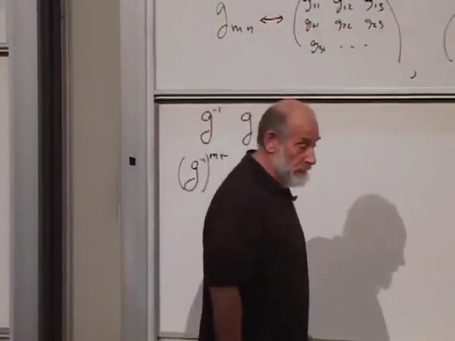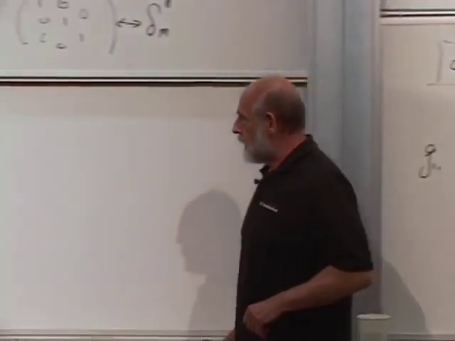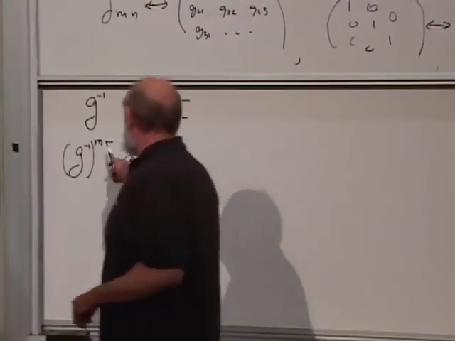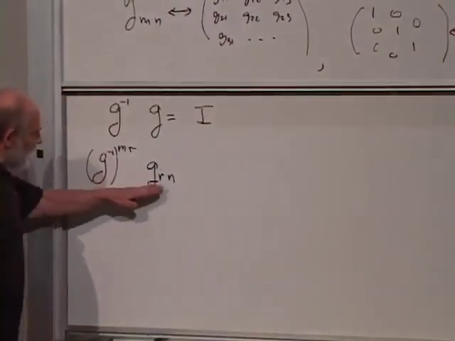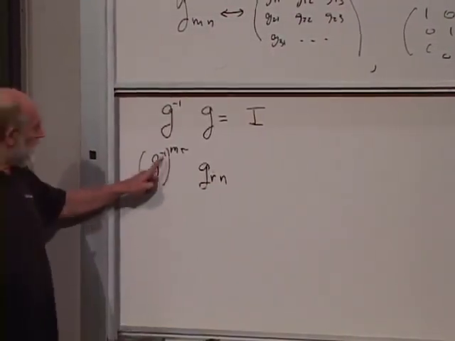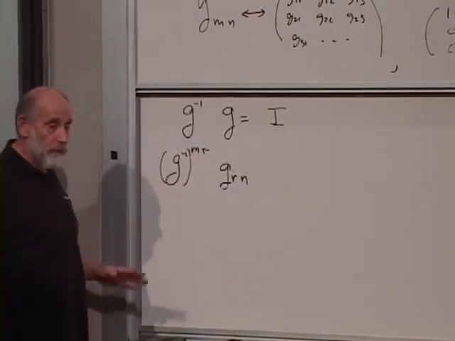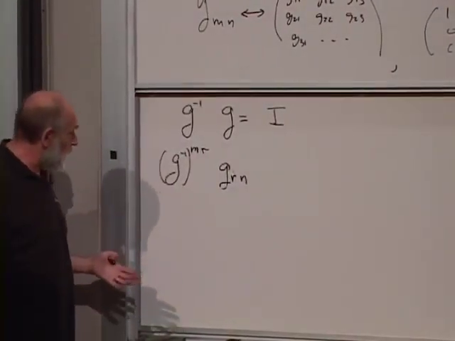This is not obvious. It's a theorem. I would look it up if you want. Look up the theorem that the inverse of the metric, thought of as a matrix, is itself also a tensor, or also defines a set of components which are tensor components.